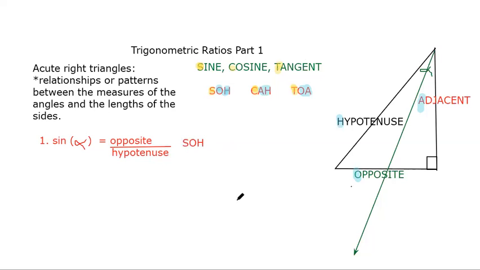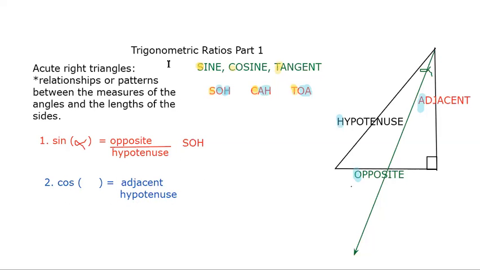The second piece, or the second ratio, is the CAH. The cosine of alpha equals the adjacent side length over the hypotenuse.